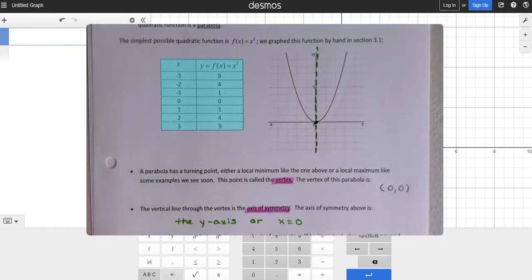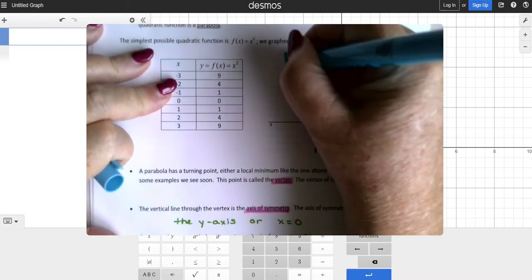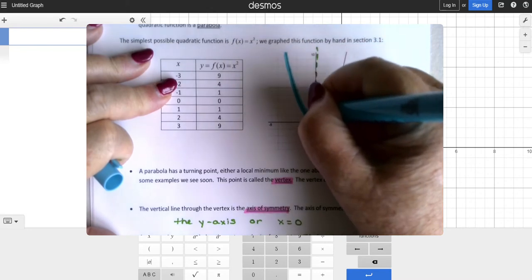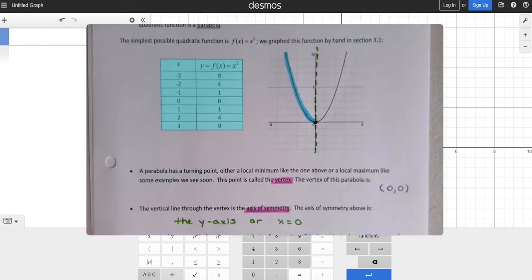So if we're describing a parabola, rather than just say it increases or decreases, we're going to give the interval for which it increases, and then the interval for which it decreases. So in this particular graph, this parabola is decreasing until we get to the vertex.